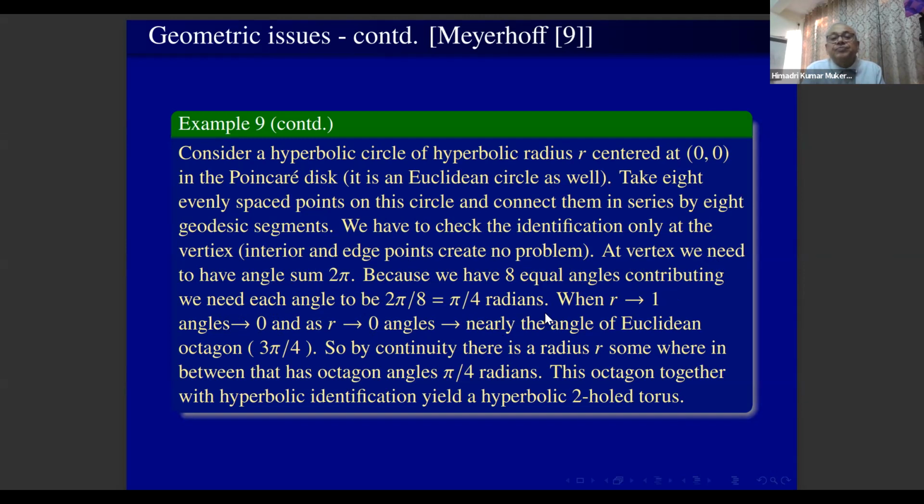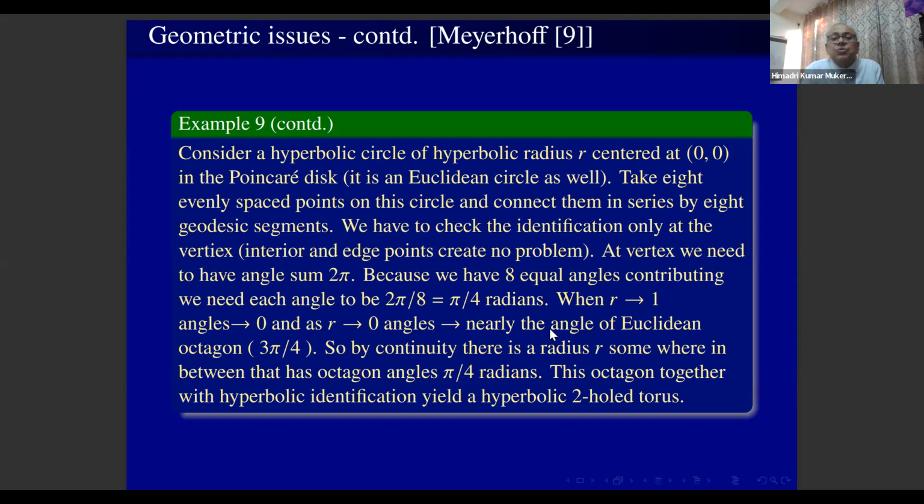we need each angle to be 2 pi by 8, that is pi by 4 radians. When r tends to 1, angles tend to 0. And as r tends to 0, the angles tend nearly to the angle of the Euclidean octagon, 3 pi by 4. So by continuity, there is a radius. So therefore, when r tends to 1, the angles become 0 in the hyperbolic sense, that is, in the Poincaré model.